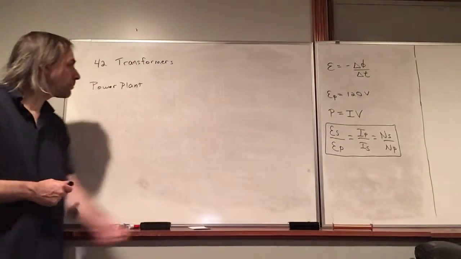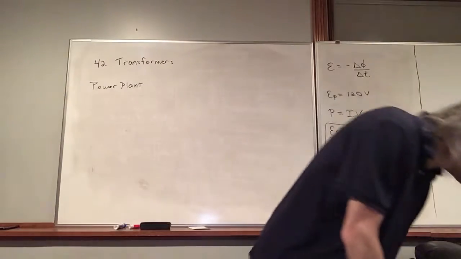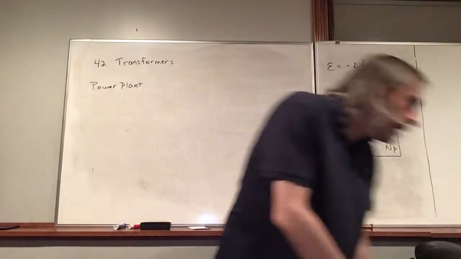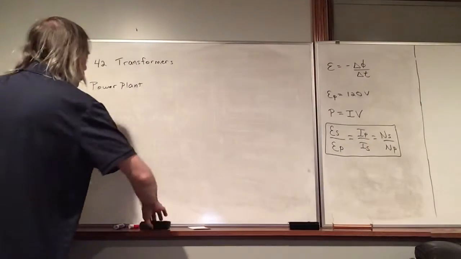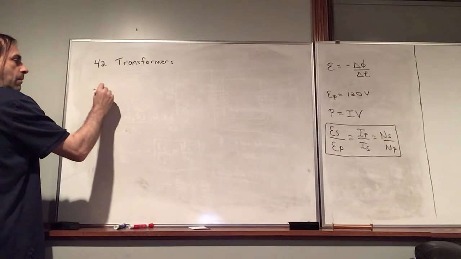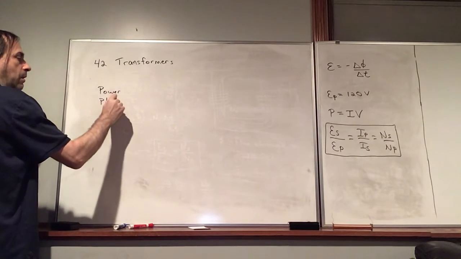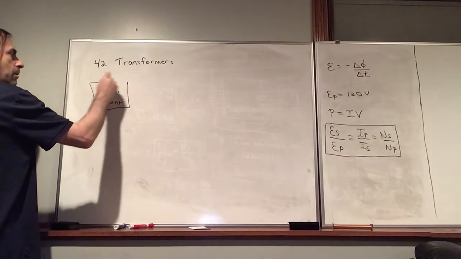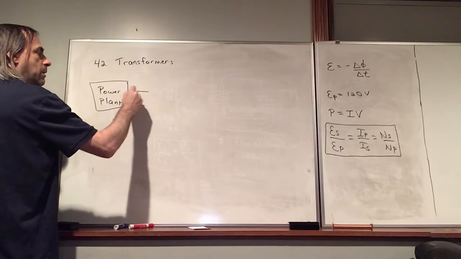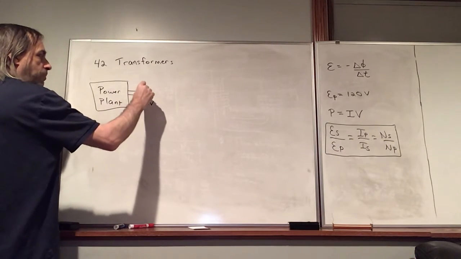So the power plant, let me see if it's listed in this book. Yeah, it says this is 12,000 volts. So we have a power plant here, which is at 12,000 volts, which is pretty high.